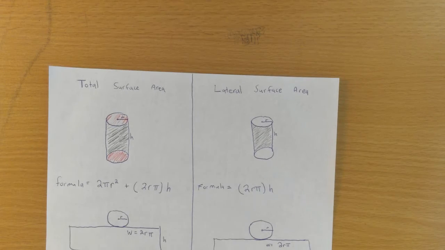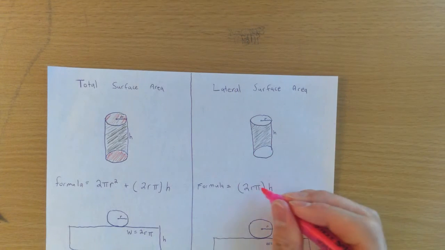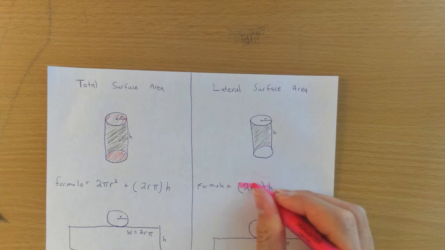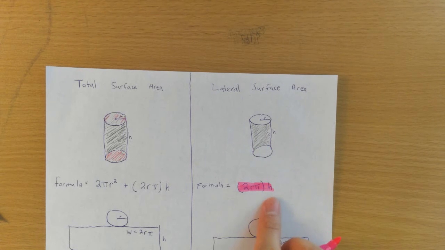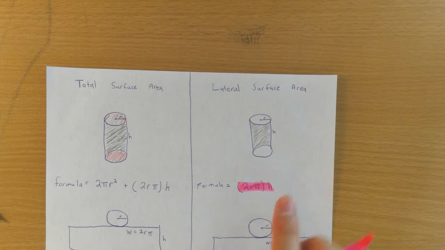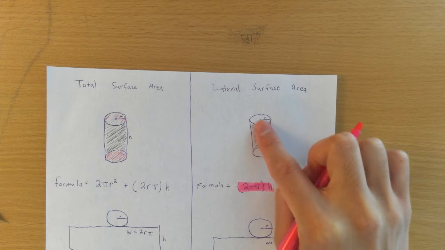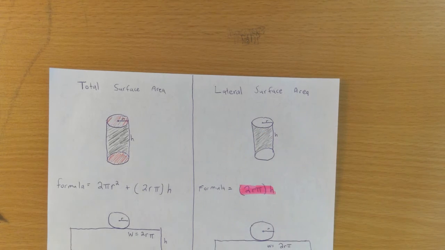As you can see, the formula for lateral surface area is 2r pi times h. That's because that's the area of this middle part, which ends up looking like a rectangle if you unravel it.